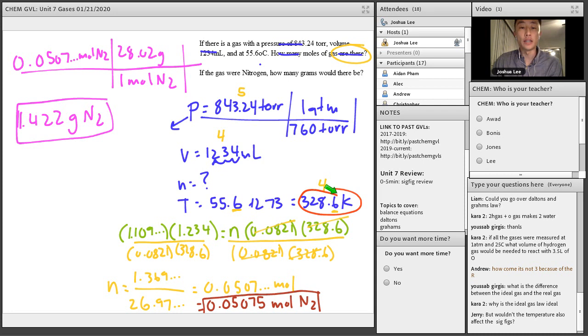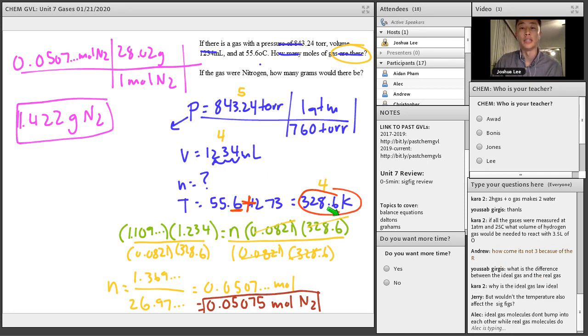And we got that Kelvin by adding, right? And when we add, we only care about where the sig fig is. And in this case, the sig fig ends in the 10th place. So when I add the 273, the Kelvin should also end in the 10th place. So that's why the Kelvin actually has 4 sig figs. Volume has 4, and then pressure has 5.